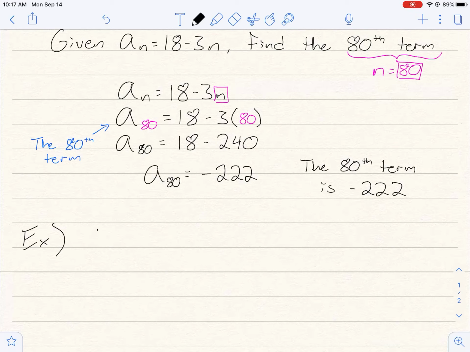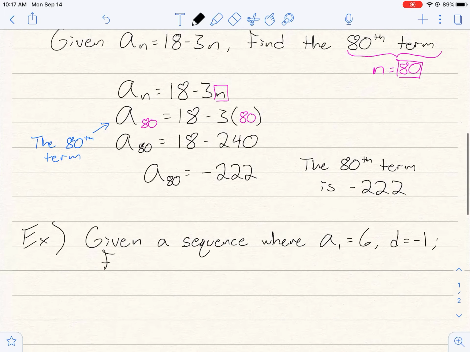If I am given a sequence where a sub 1 is equal to 6 and d is equal to negative 1, let's find the 21st term.